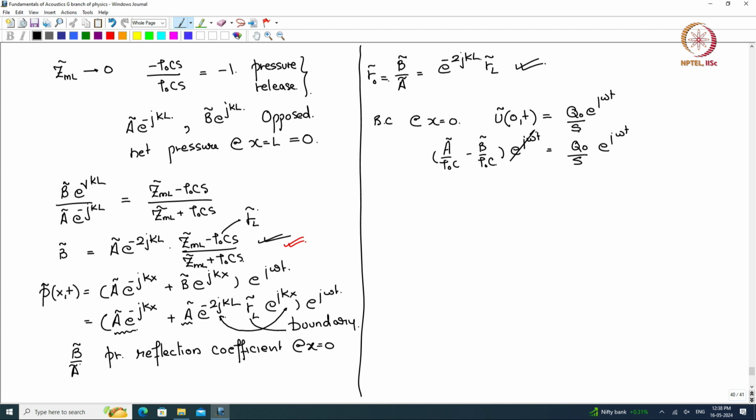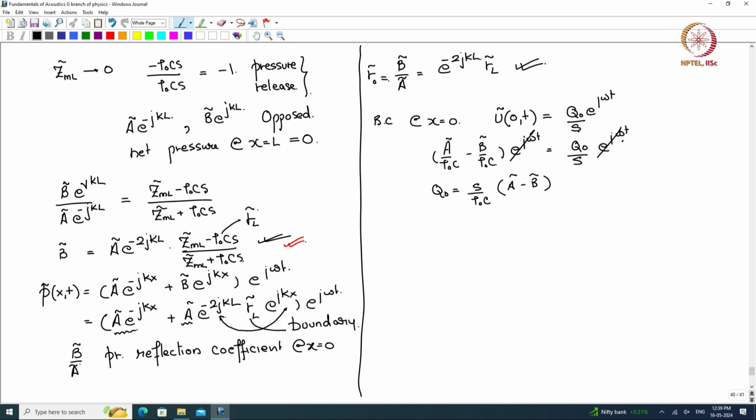So if I take this out, what I have is q0 is equal to s by rho 0 c into a tilde minus b tilde.